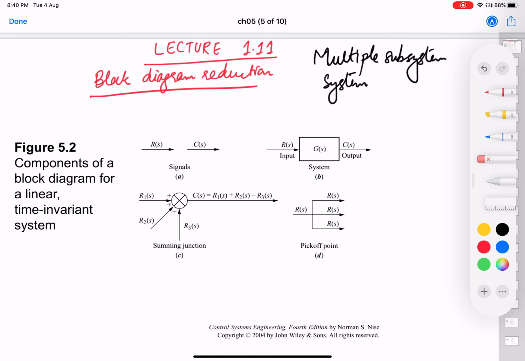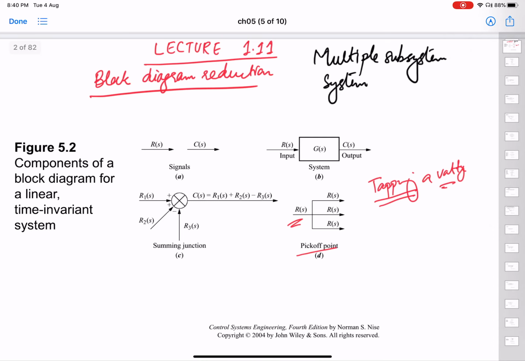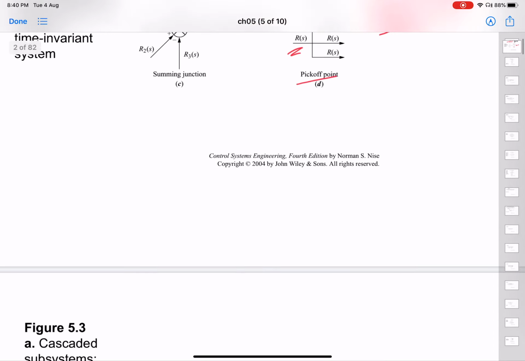You can think of it like tapping a voltage. R(s) is a voltage available for you to tap, and you are tapping this voltage and taking it to three different places. So please remember that when you have a pickoff point, your signals don't get divided, they remain the same. This is important because this will stop many confusions from occurring in the future.